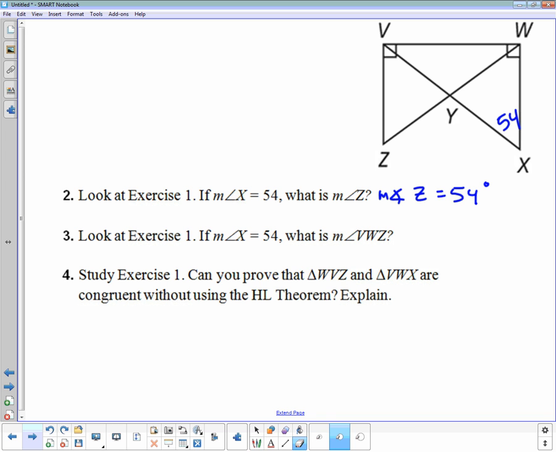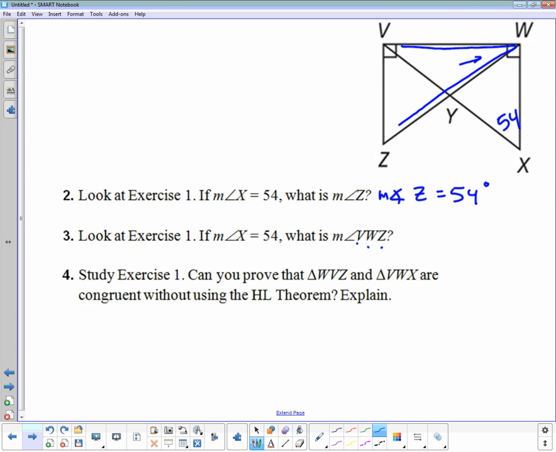So now if x is 54, now notice how they wrote this, 3 letters, V, W, Z. V to W to Z. What would that be right there? It's a little hard to tell, so let's separate the pictures. It's always a good idea.